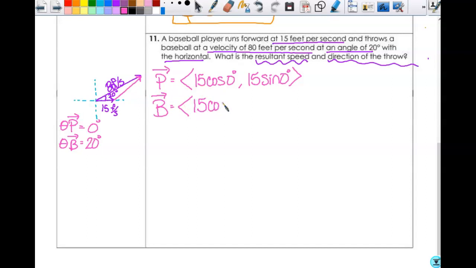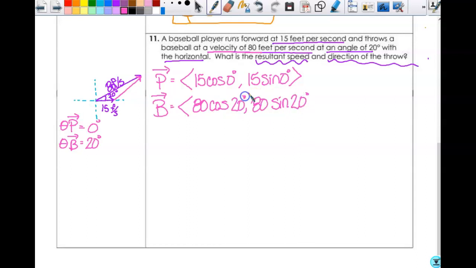No, it is not 15. Gosh, I did that again. Sorry about that. I need the magnitude for the ball, the velocity of the ball here, 80 feet per second. So this is 80 times the cosine of the angle, which is 20, and then 80 times the sine of 20 degrees.